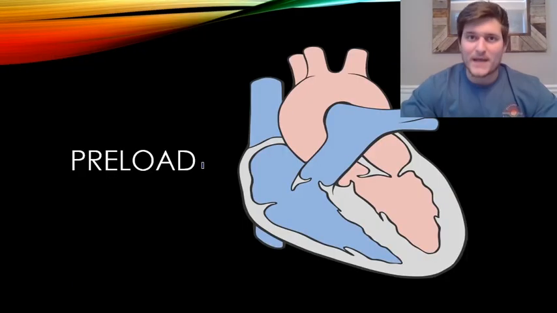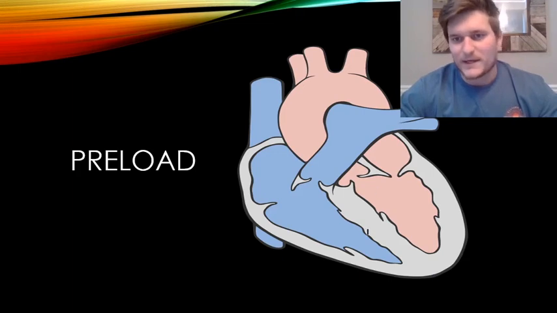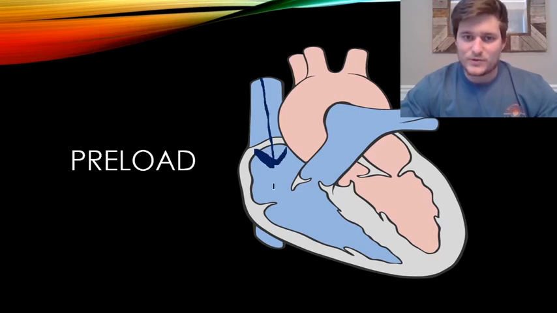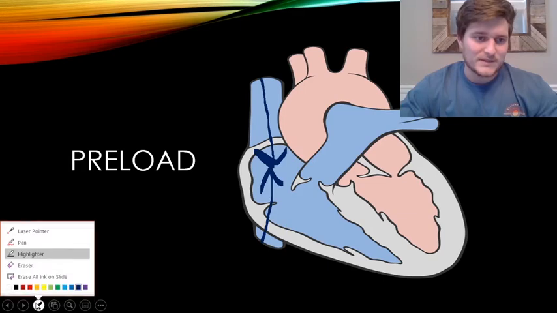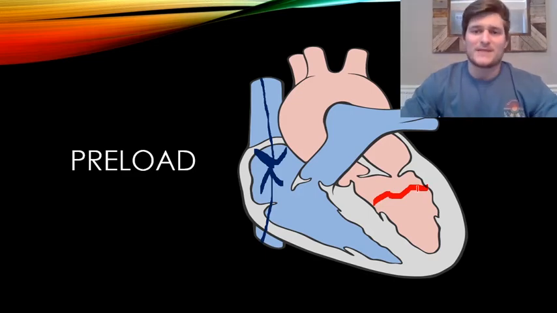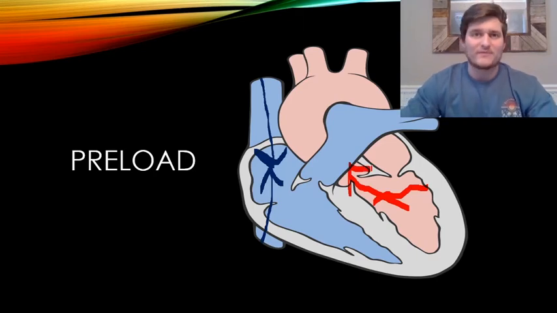So keep in mind going forward that if we want to increase the stroke volume and the cardiac output produced by the heart by increasing venous return to the heart, to this right atrium, ultimately that's going to translate to higher preload and higher end diastolic volume. And by doing that, we can increase the stroke volume of the left ventricle.